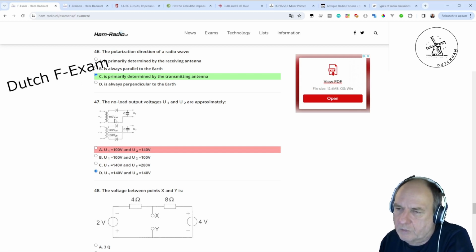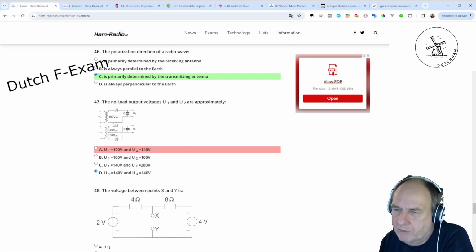Okay, it's 100 volt effective. So it will charge the capacitor to a square wave of 100.